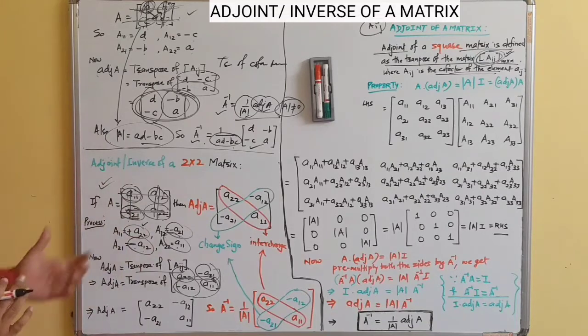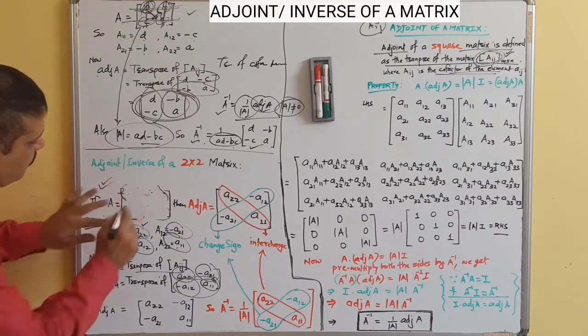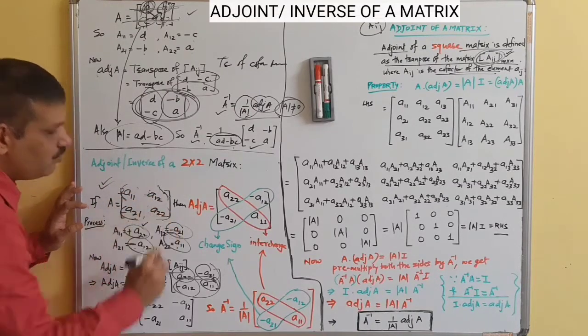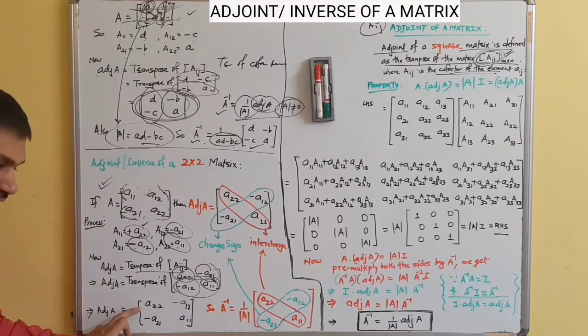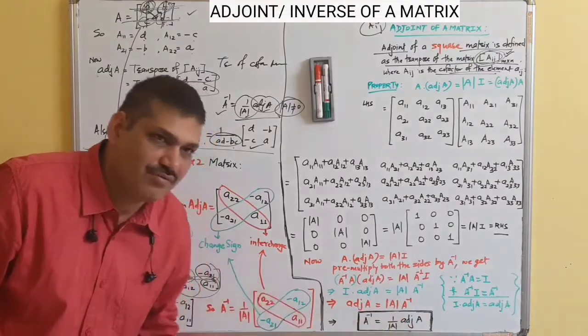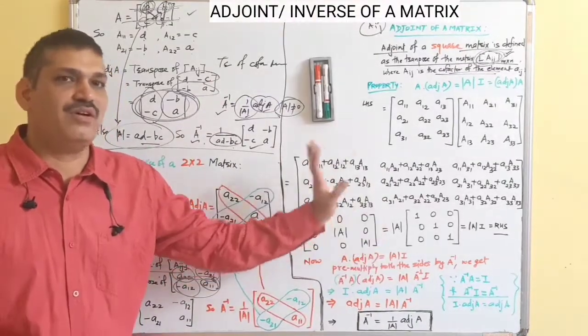You can observe this was the standard matrix a11, a12, a21, a22, and this is the adjoint of A. So A inverse is 1 upon determinant A times the adjoint of A. This is the proof; we'll talk about it later.